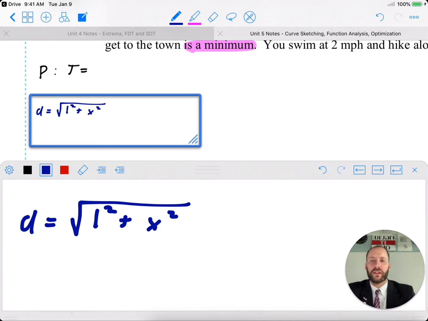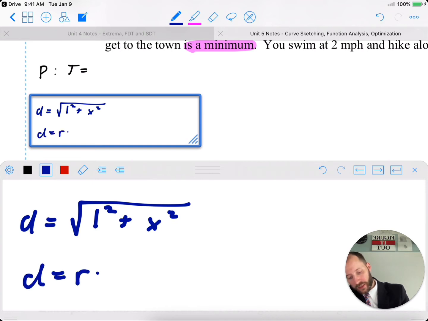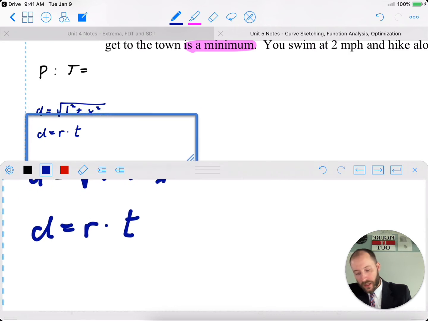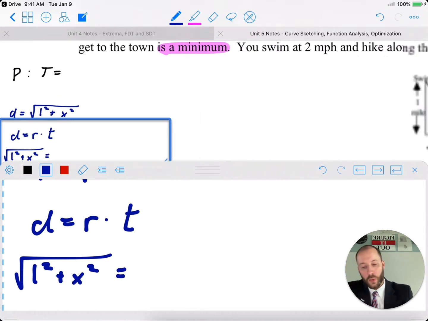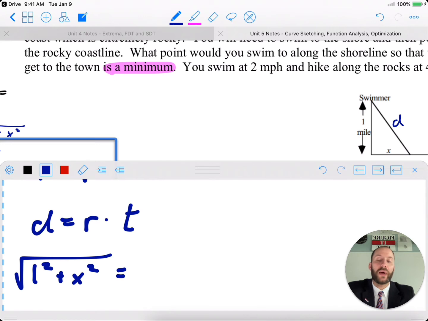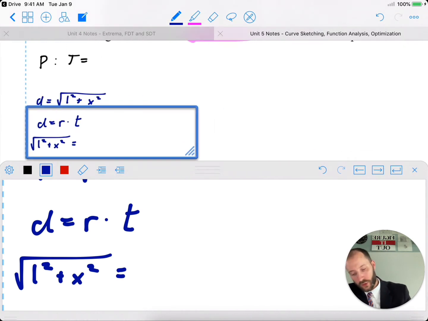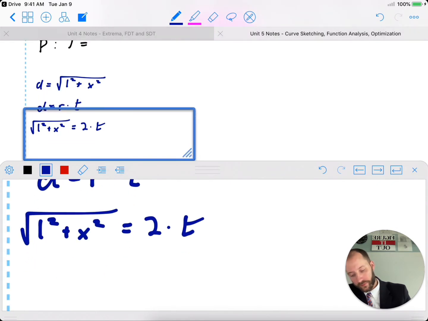Now with us traveling, we also have to consider distance equals rate times time. So d equals r times t. Then we have d, the square root of 1 squared plus x squared, equals, when we're in water, we swim at 2 miles per hour. So our rate is 2 times time.